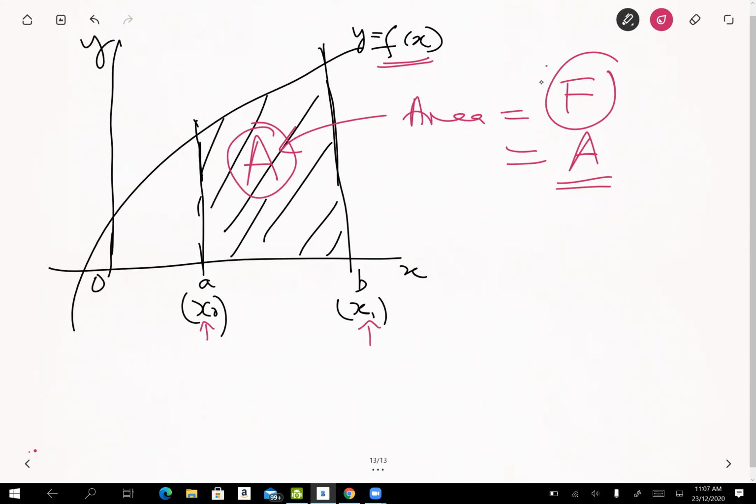So the definite integral is the integral of the function between the 2 points. You evaluate the integral at b, evaluate the value of the integral at a, and subtract, and you will get the definite integral.